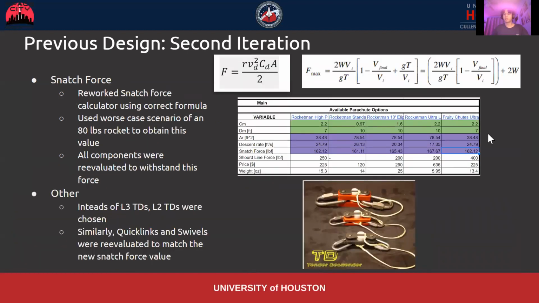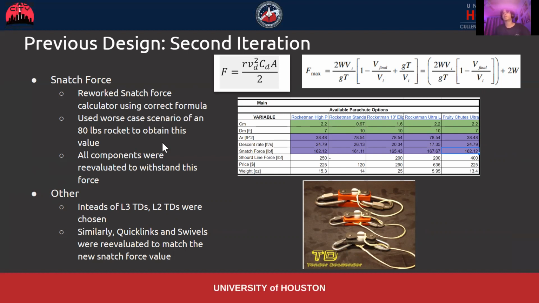And then the snatch force, we went back and we fixed that. This is the formula that we had for the PDR, which was wrong. And then this is the formula that we should have used, which is a little bit more complicated, but it does take the deployment time of the parachute into account. And we fixed the calculator.